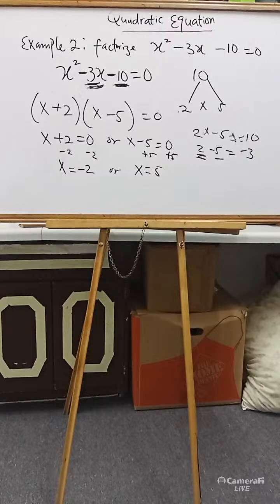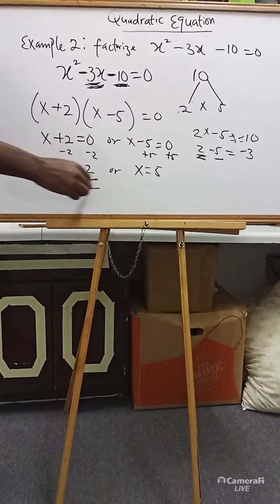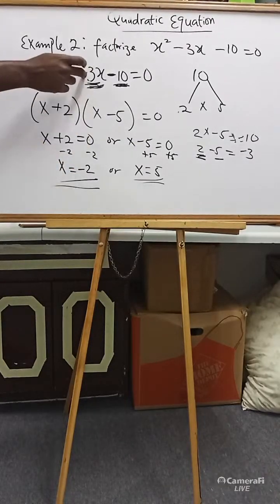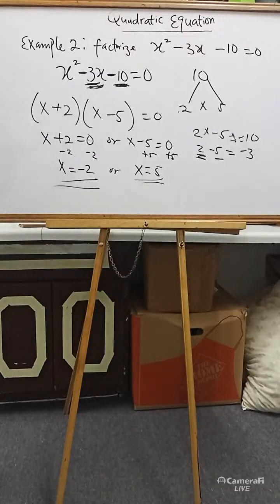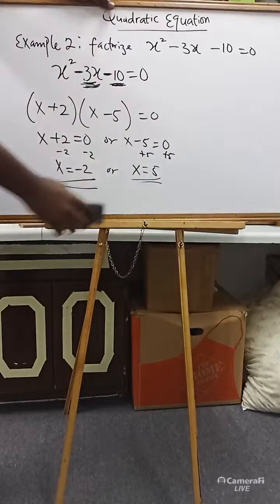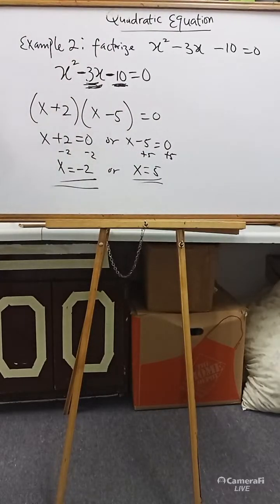Don't forget, in the previous example we did, we confirmed if these two answers are correct. And how do we confirm? You must plug in this value into this. But if you are perfect enough, you might not need to confirm. But if not, for the sake of an examination, I will encourage you to confirm.